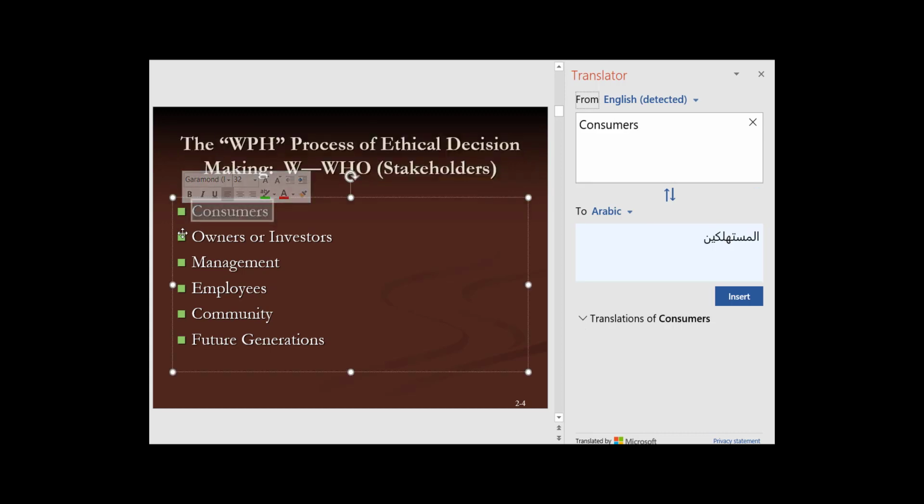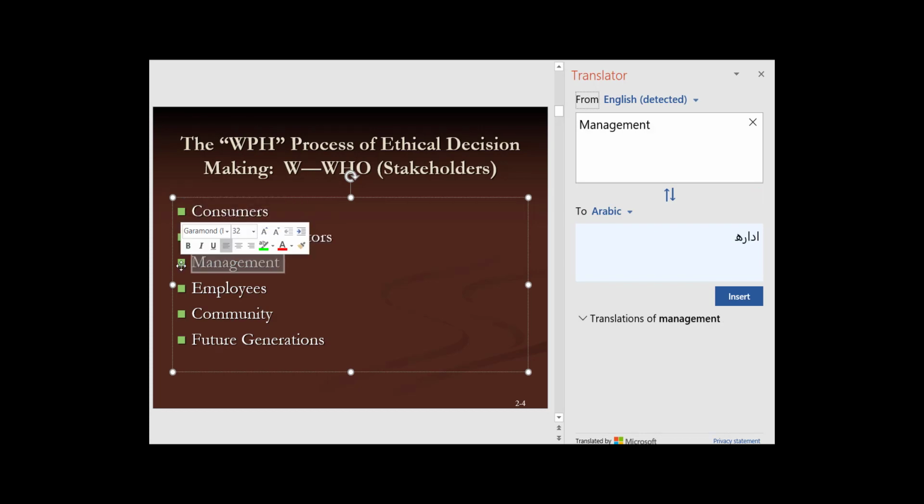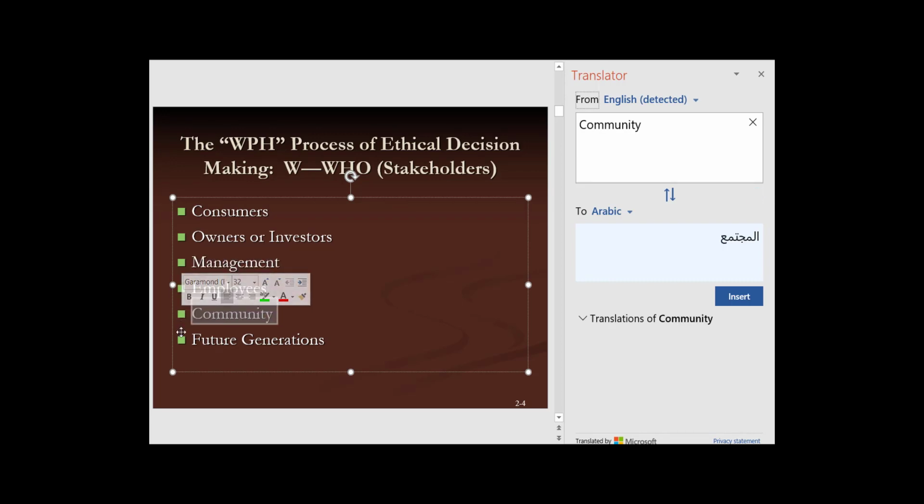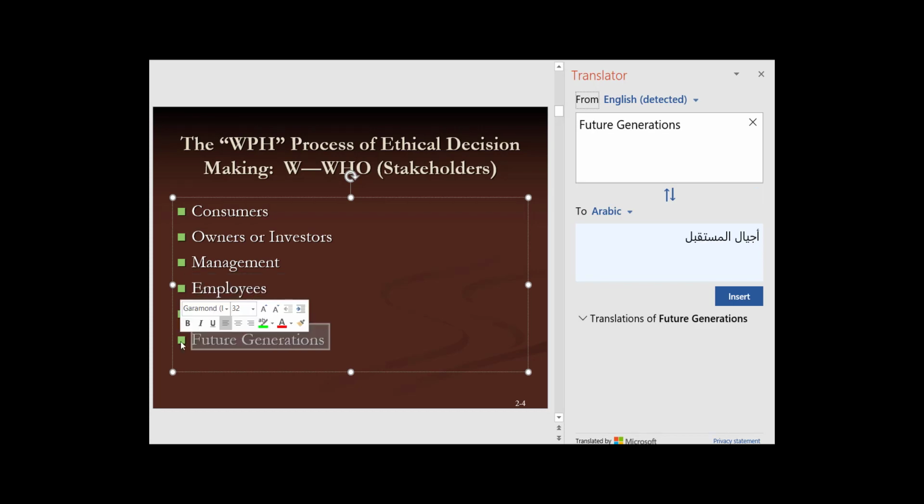This is where they ask you which of the two choices below are the stakeholders under the who. So WPH is especially the who. Know what they mean. Who are the stakeholders?